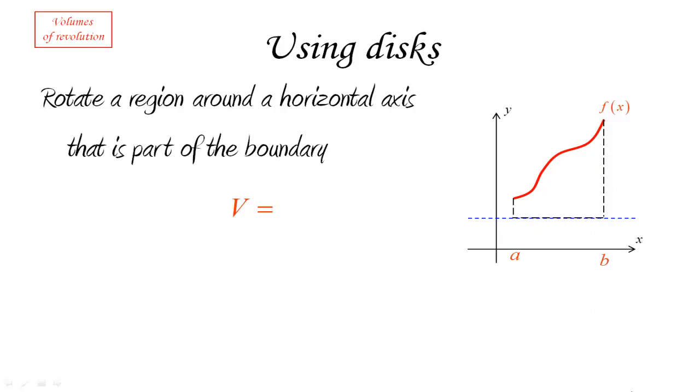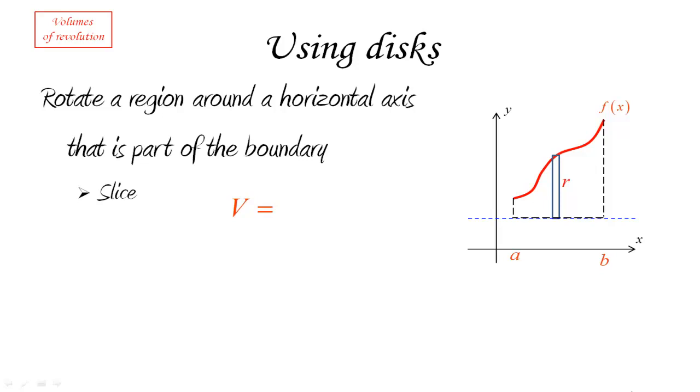As we go back to our region, we're going to first of all draw our slice. So it's going to look like a regular slice, and I'm going to indicate the height of this slice by r, not by f of x, and not by h, and you'll see in a second why. Now remember, we're using this slice to approximate what happens when the whole region rotates around that axis.